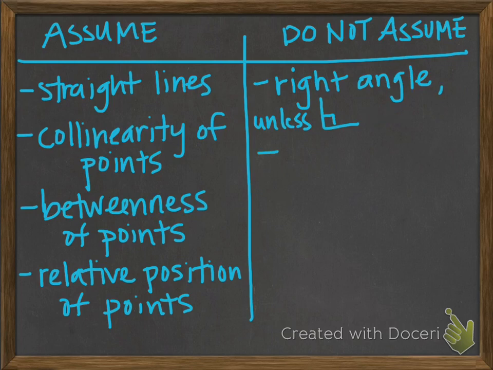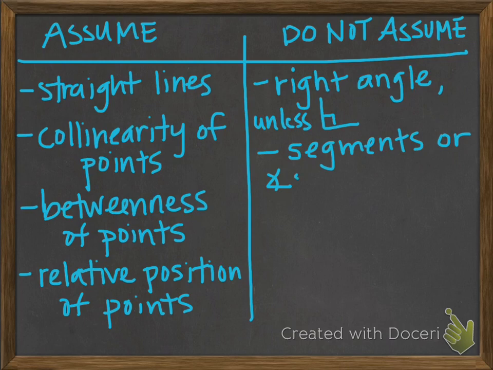Okay? Another thing that you never want to assume is that segments or angles are congruent. They must be shown with tick marks or arcs, or you must be told. Never assume that segments or angles are congruent.